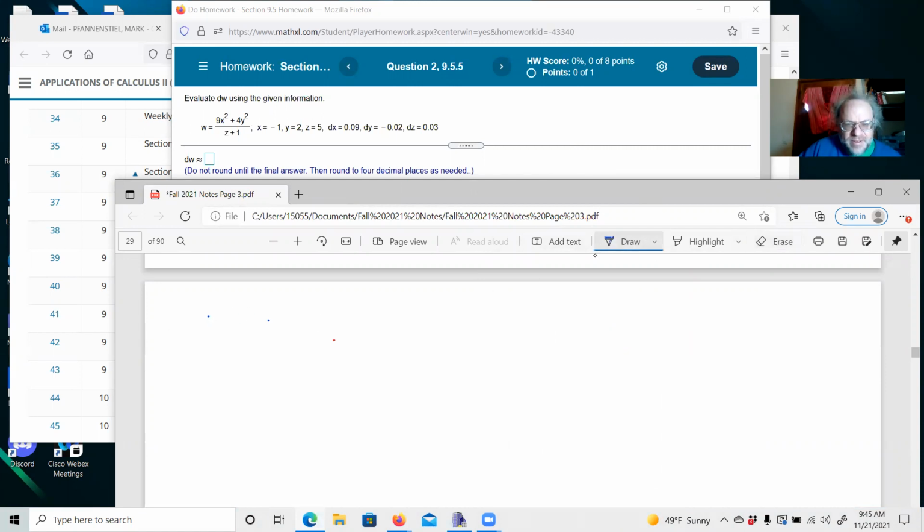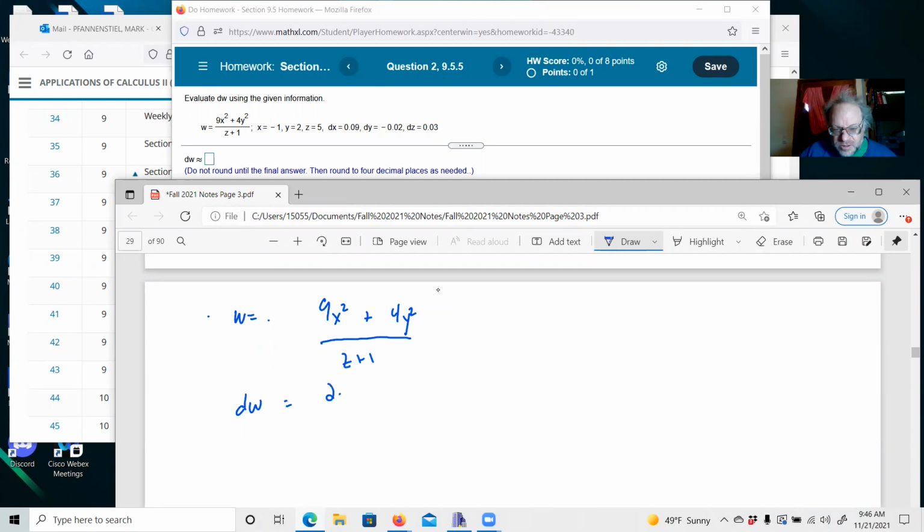So what do we have? w is equal to 9x squared plus 4y squared all over z plus 1. What we want to figure out is the total derivative dw.